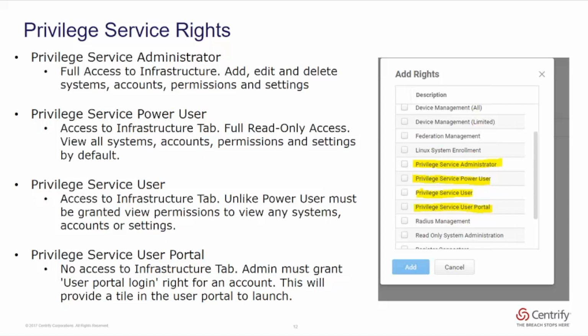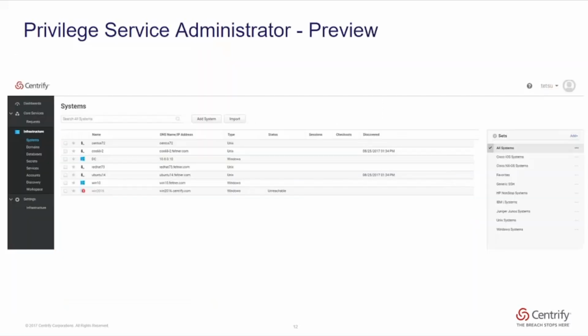And to give you a demonstration of what these different administrative rights look like to the end user, I'll give a quick preview. And apologies if this is a little small, but I'll point out what to really look at. Here is a preview of the administrative right. What I'd like to make a note of is the left-hand side where it says Infrastructure.